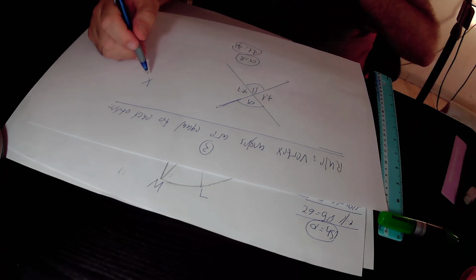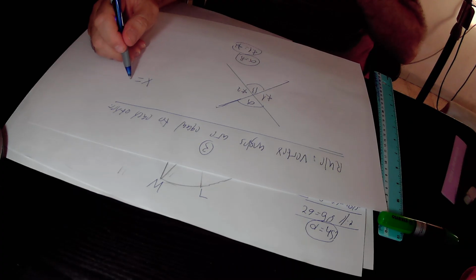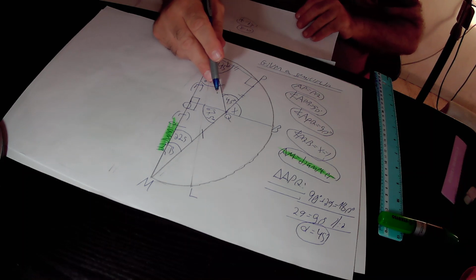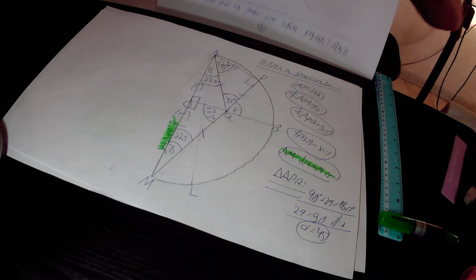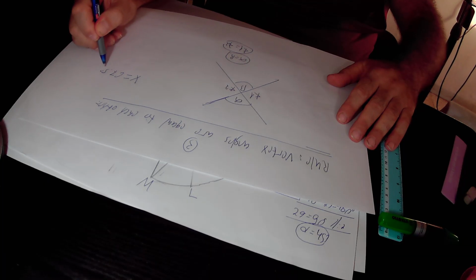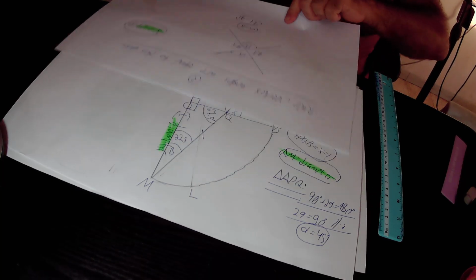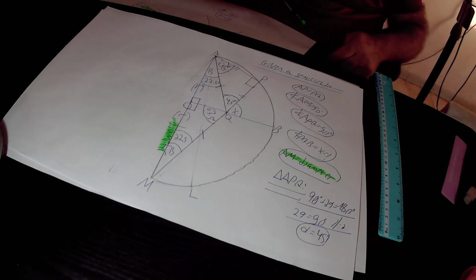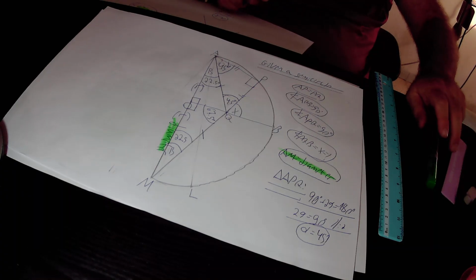According to the rule that vertex angles are equal to each other, angle x equals 67.5 degrees in its size. So the answer to the question is that the size of this angle x is equal to 67.5 degrees. So we finish with the first question.